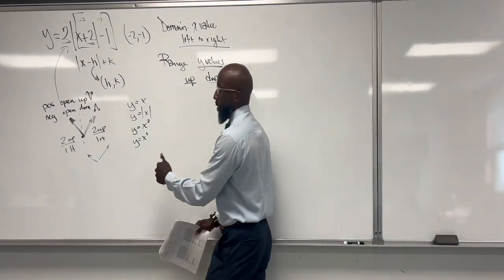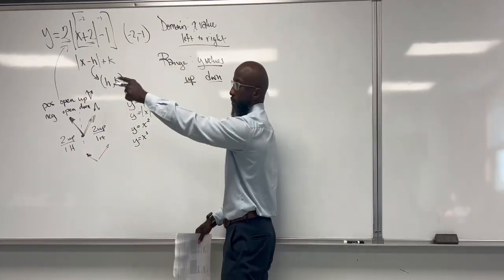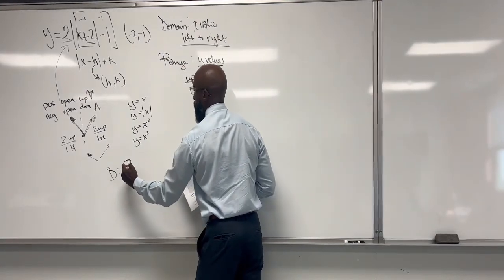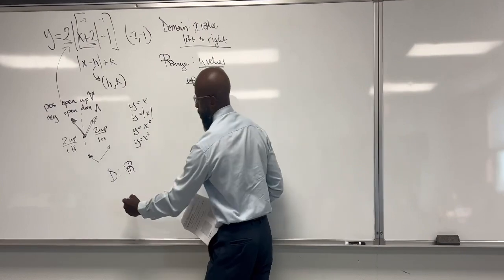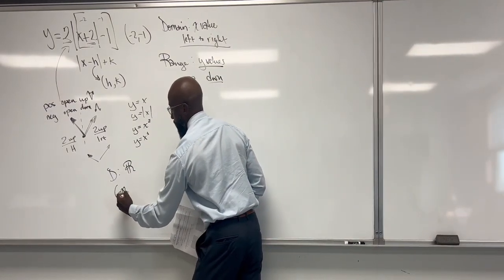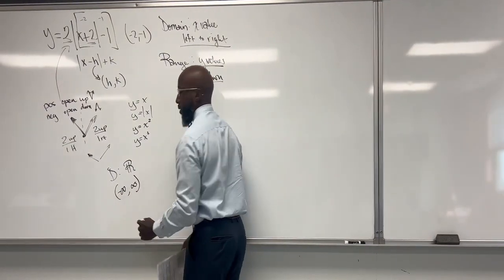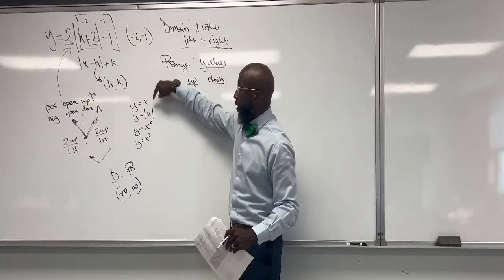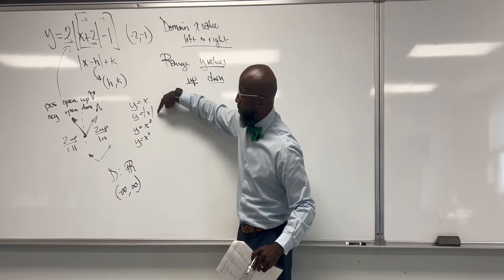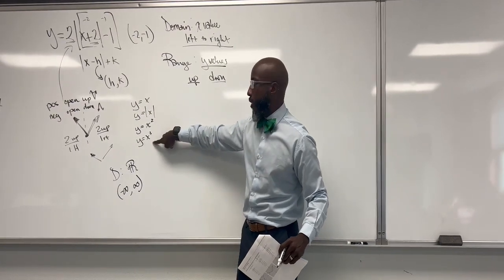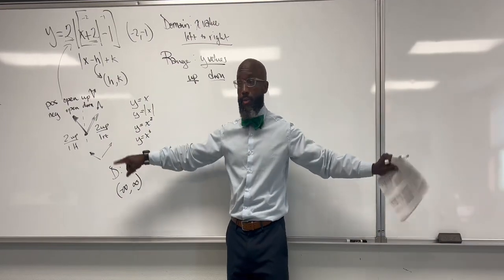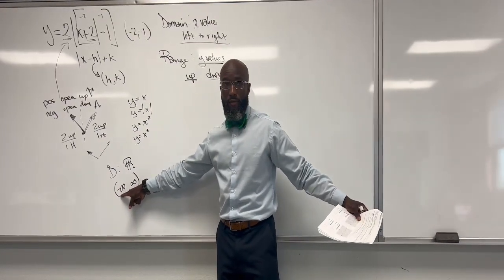They're going to always be going from left to right, so the domain for all of these is always going to be all real numbers, or going from negative infinity to positive infinity, right? So keep that in mind. For the domains of these types of functions, linear, absolute value, quadratic, and cubic, the domain is always going to be all reals. That means all the numbers. Negative infinity to positive infinity.